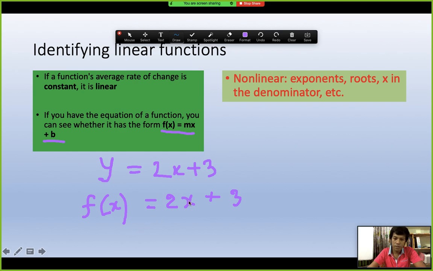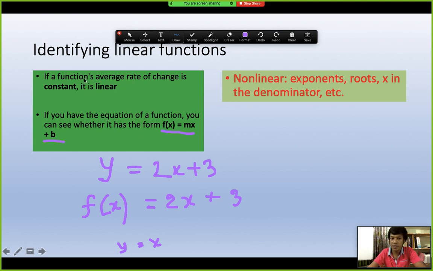Even if we write just y = x, still it is linear. So for a linear function, we have this shape, f(x) = mx + b format, and some of the quantities here can be 0 sometimes, and still it is linear.